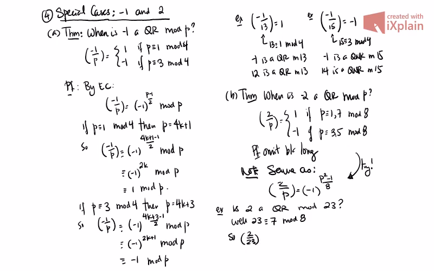So 2 over 23 is 1. So yes, it is. You can think about that as it's a perfect square, or if you prefer, x squared is congruent to 2 mod 23 has a solution. It doesn't tell us what it is, but it tells us that it has one. So that's the end of that section, and there we go.